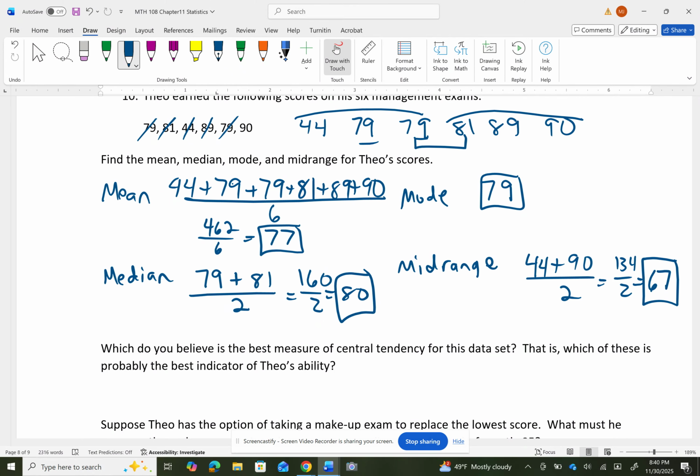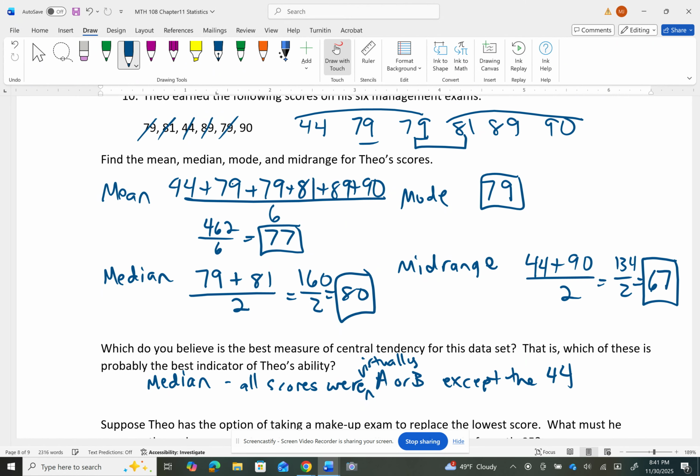Okay. So I would probably have said, as an indicator of his ability, probably the median, since all scores were A or B virtually. I mean, you did have a couple 79s, but that's almost a B. So I'll say we're virtually A or B except the 44.